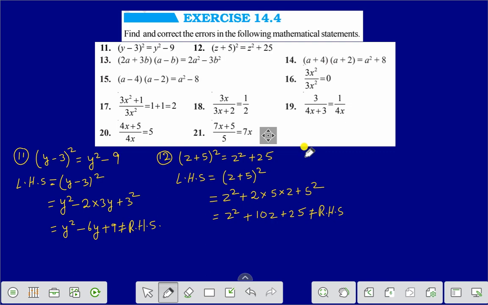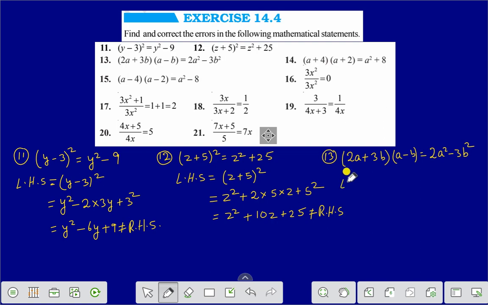Let's solve question number 13. Question number 13 is (2a plus 3b) into (a minus b) is equal to 2a square minus 3b square.